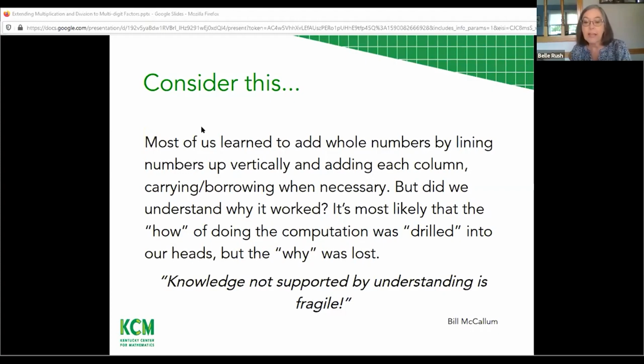So that statement was by Bill McCallum. He was an author of the core content math standards, not our Kentucky standards, but the content math standards. And he also goes on to say that knowledge that's not supported by understanding is fragile, and we know that.